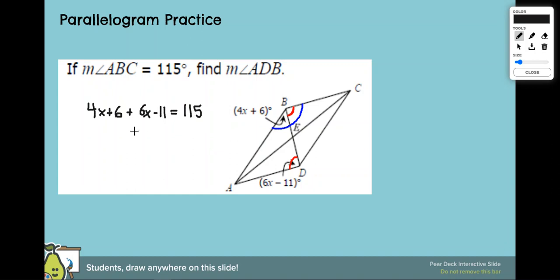Remember to look for your x-intercept. It should be x is equal to 12. Then we're finding the measure of angle ADB, which is going to be 6 times 12 minus 11, substituting back in, or 61 degrees.